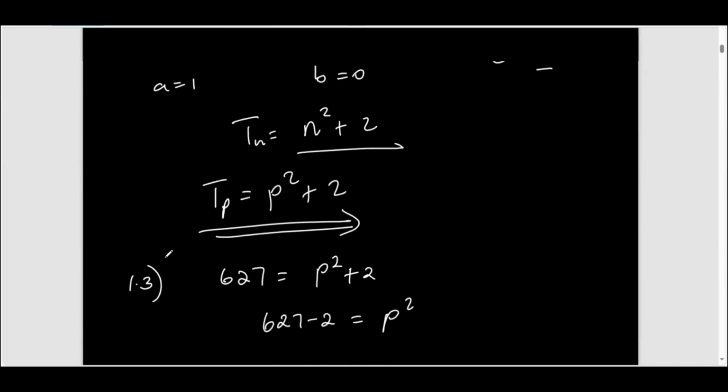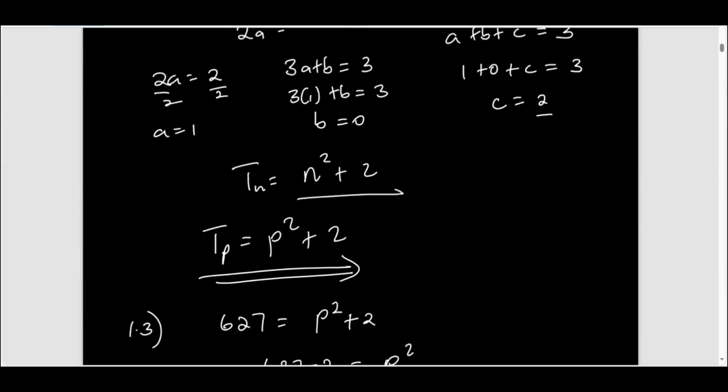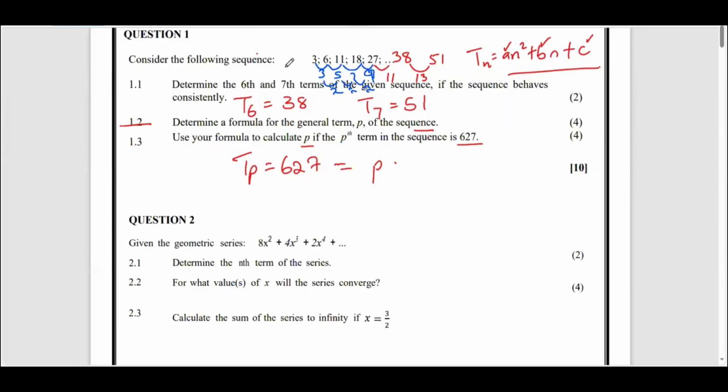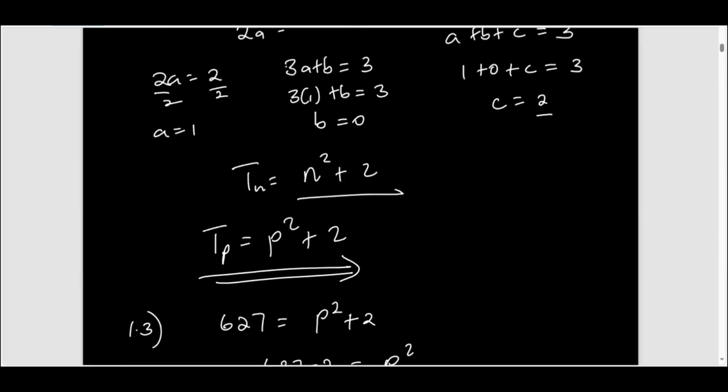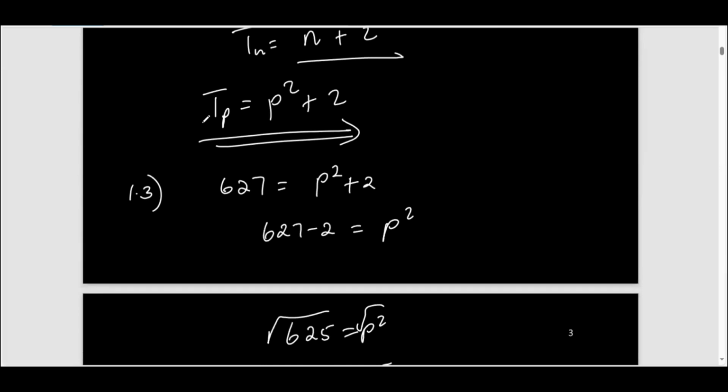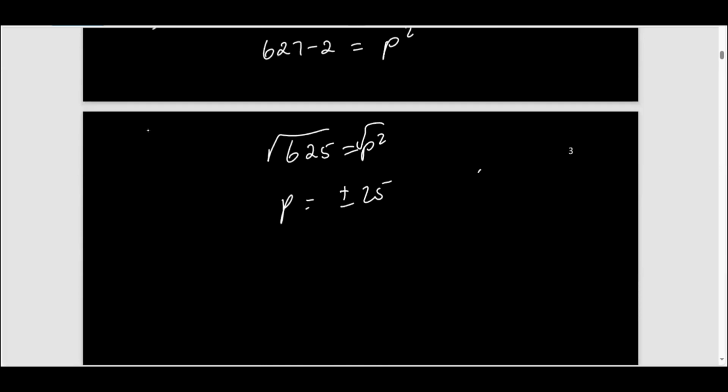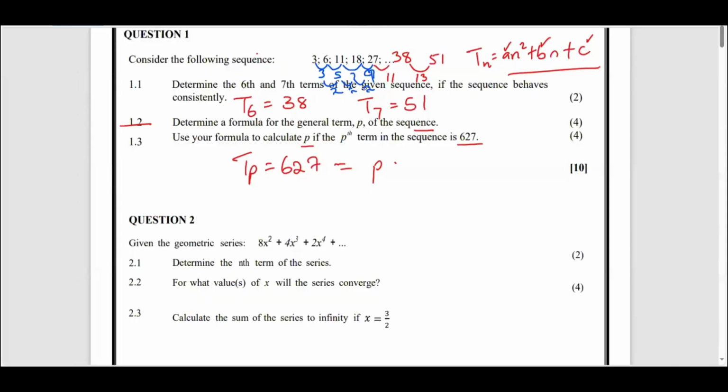But looking at the pattern and how it was increasing, it's just growing, it's positive. We cannot expect to have any negative numbers that side. So I'll draw a conclusion and say that therefore my p is 25. That is the position where the term is 627.